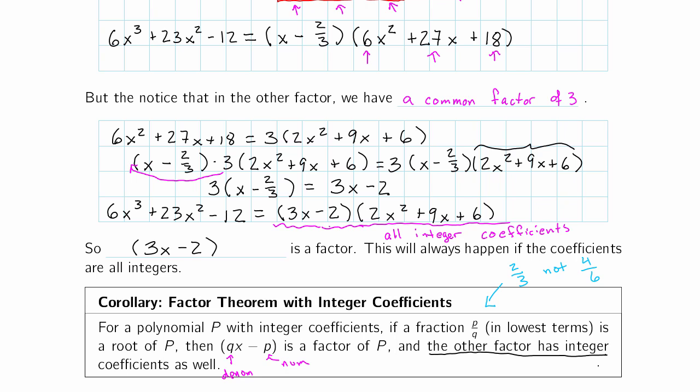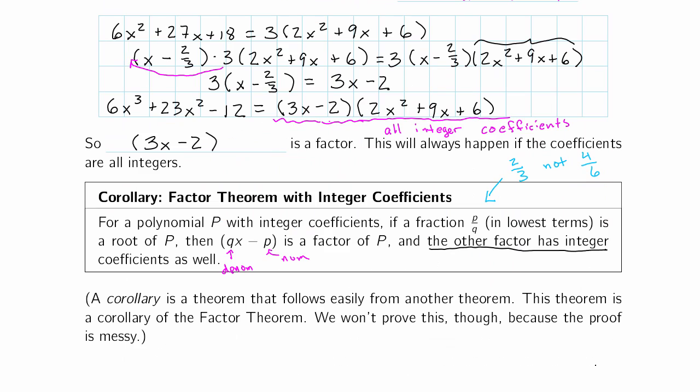Now I said this is a corollary. What does that word mean? A corollary is a theorem that's easy to get out of another theorem. This is a corollary of the factor theorem that we met before, the one that said x minus 2/3 was going to be a factor. Now corollaries in general have one of two kinds of proofs.